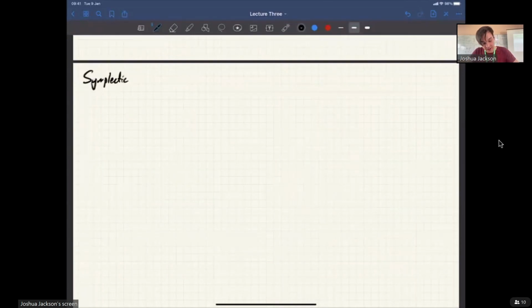Okay, so symplectic quotients. I'm not going to get into this in any amount of detail, but I will at least say it.